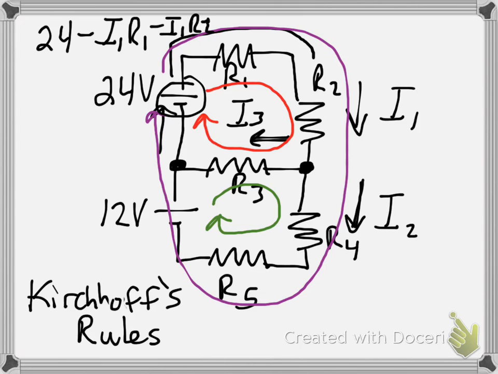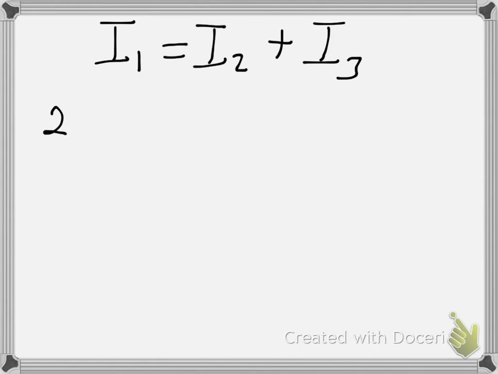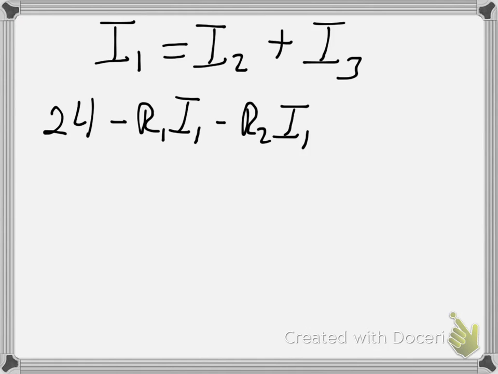Okay, so we will have 24 minus R1 I1 minus R2 I1 minus R3 I3, right? And that must all add up to 0 since we went all the way around the loop.